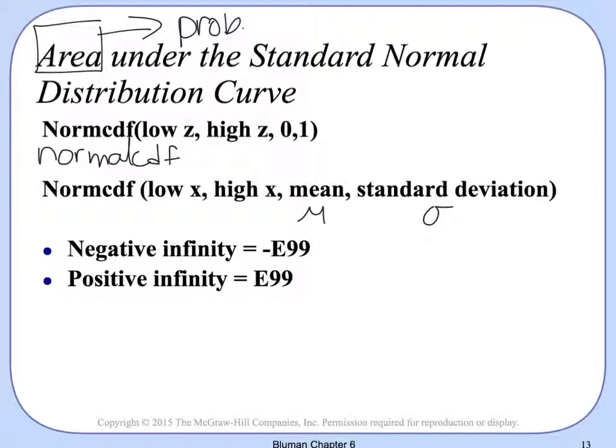And then if I hit enter, it's just going to call it -1 E99, but you don't have to put the 1 in. It knows that this is a -1 with 99 zeros after it. So that's as close to negative infinity as I can get. I don't know how to get any closer. And then it will also take positive E99, so second comma and then 99, that's positive infinity. So that's the biggest number it will hold.